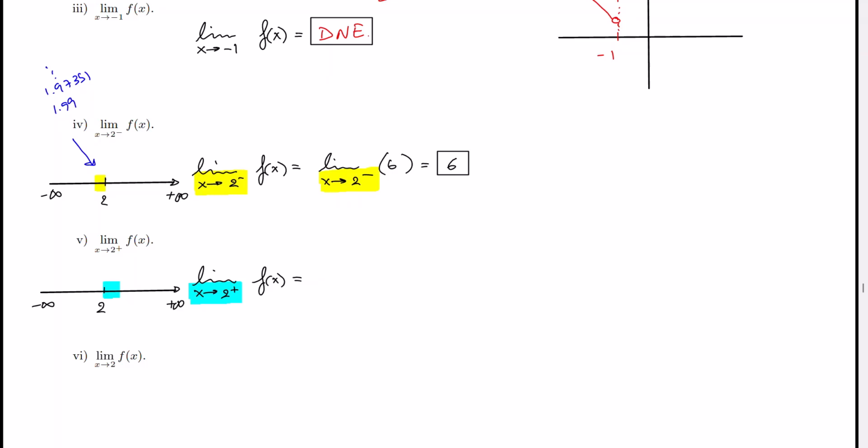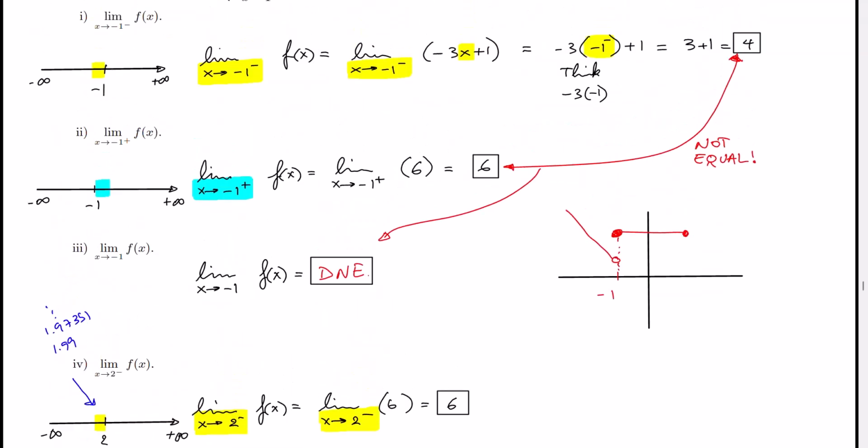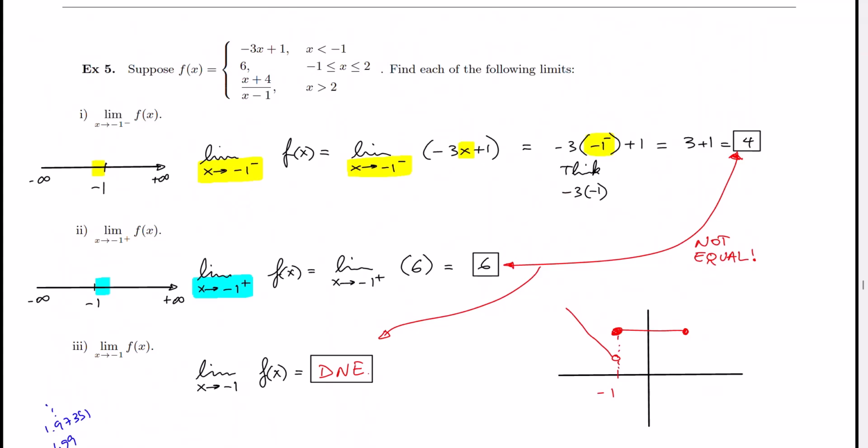And so what is the name of the function when x is approaching 2 plus? So remember, these numbers, what they have in common is that they're all bigger than 2. And according to the theorem, or according to the function name, if the number I'm plugging in is bigger than 2, the name of the function is x plus 4 divided by x minus 1.